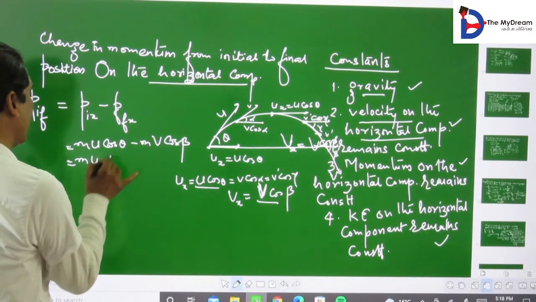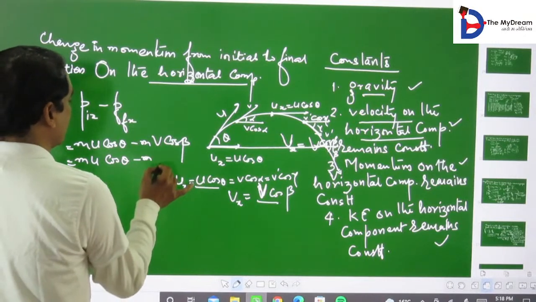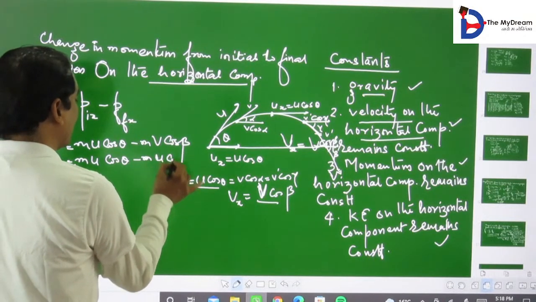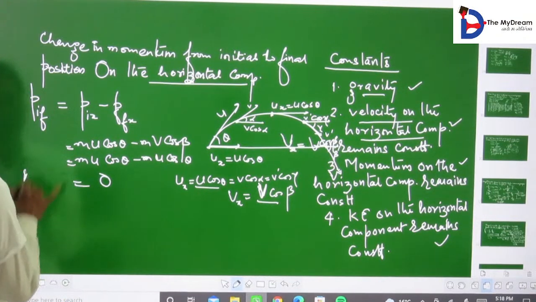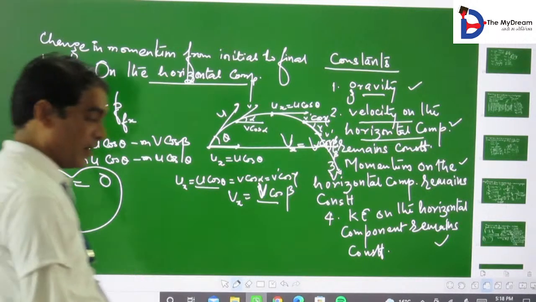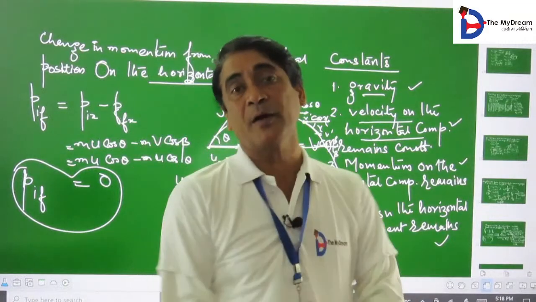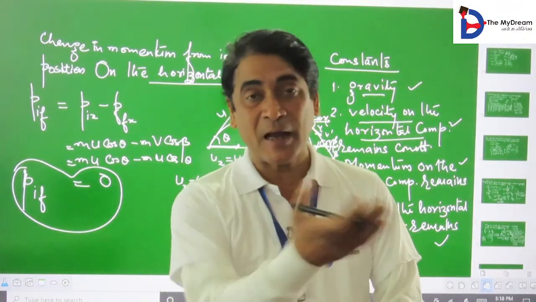So you can write down, in place of v cos beta, u cos theta. So change in momentum from initial to the final position on the horizontal component क्या होगा? 0 बताया बच्चे ने.